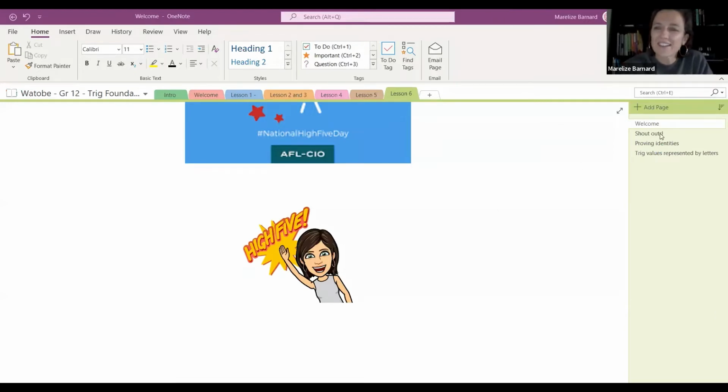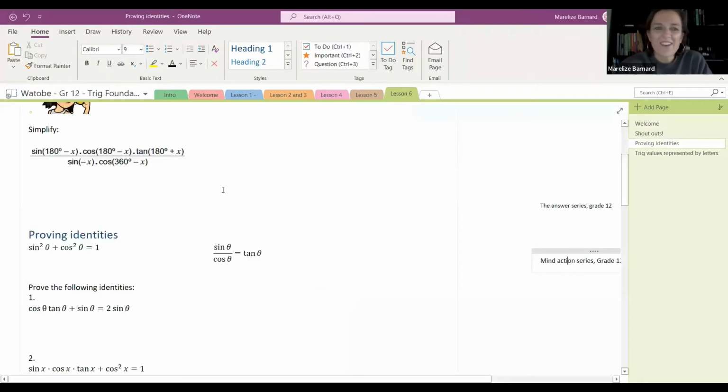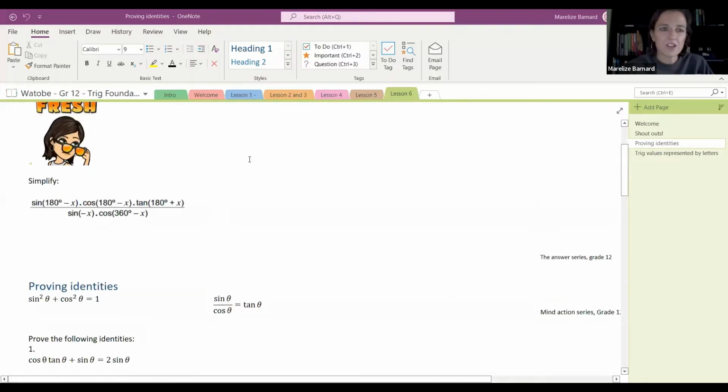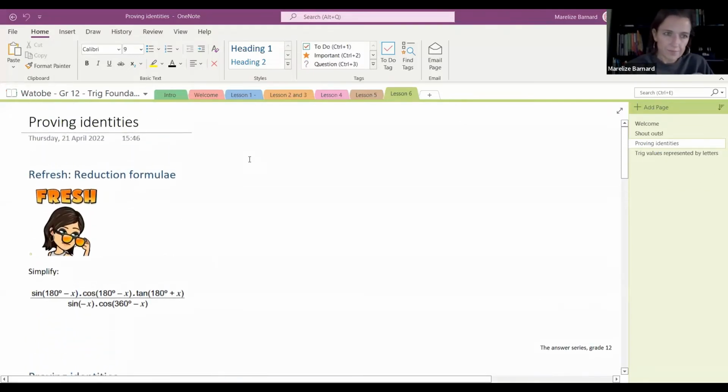Okay, wonderful, grade 12s. I think we are ready for proving our identities. Before we do that, let's just do a quick refresh of our reduction formula.